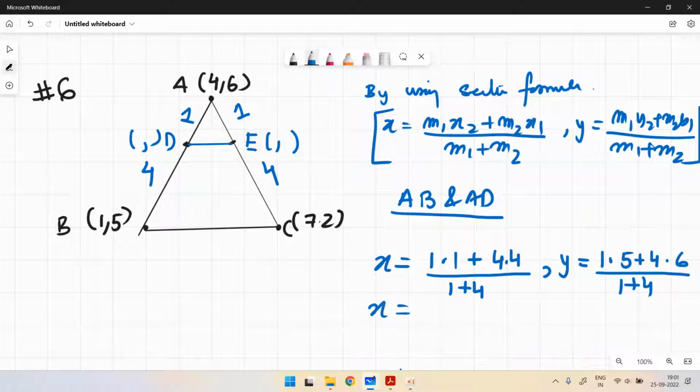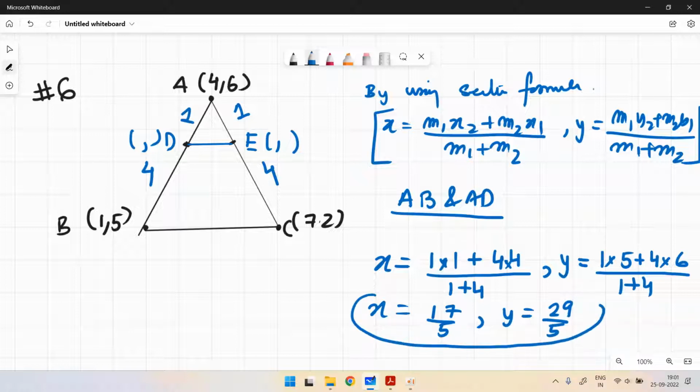So x will be nothing but 1 plus 16 is 17 by 5. What is y? y will be 5. This is a multiply sign, do not confuse it with a point. 5 plus 24 is 29, 29 by 5.